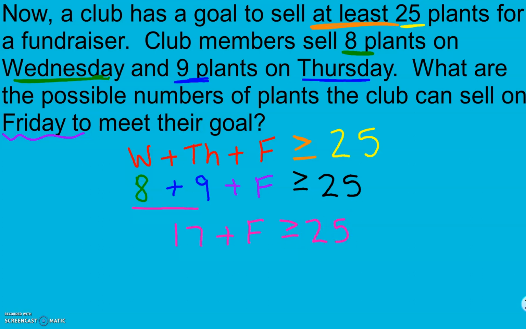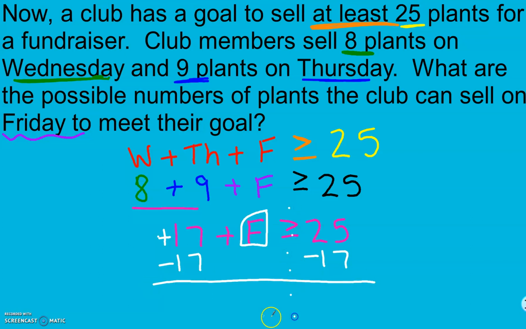So to figure out for Friday, f is being added by 17. We subtract 17 to both sides. And again, as long as we do it to both sides of our inequality, it gives us an equivalent statement. So on Friday, they have to sell at least 8, which means equal to 8 or more than 8.